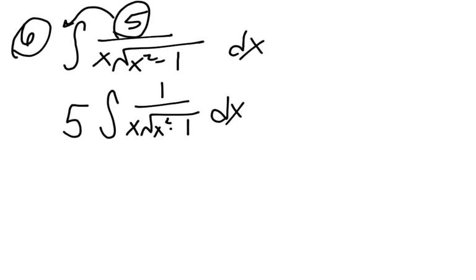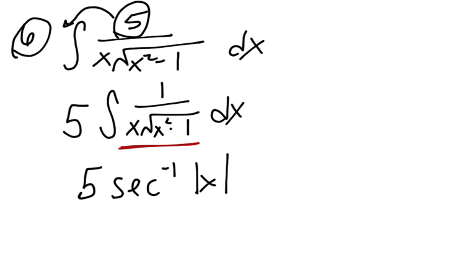And this is actually a really short, easy problem, because this is one of your note cards. What is that the answer to for a derivative rule? 5 times the inverse secant of the absolute value of x plus c.